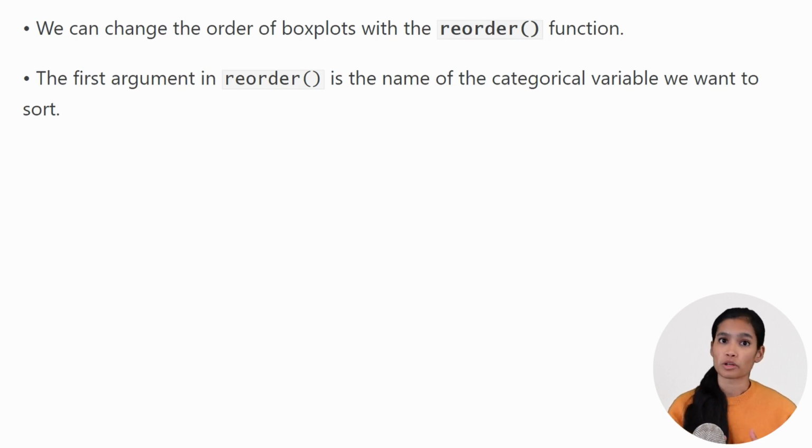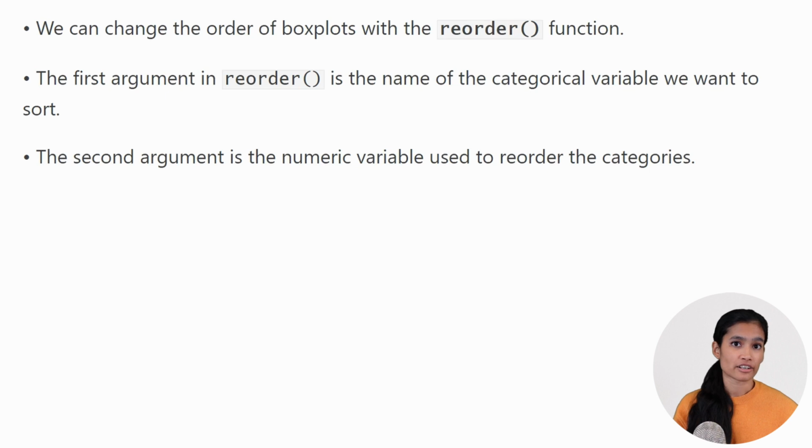In this case, we want to sort the continent variable, which is a categorical variable, so we put that as the first argument. The second argument is a numeric variable from the data. We're going to reorder the categorical variable based on values in the second variable that we specify. This will make more sense in a minute when we do an example.